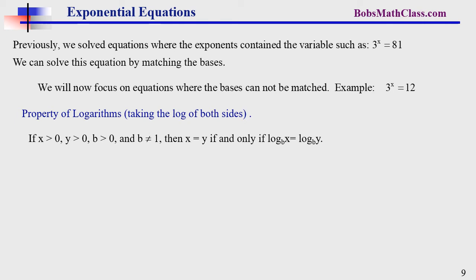So this is also called taking the log of both sides. You know how we've said whatever you do to one side, you have to do to the other? Well, that's what we're saying here. If we put log in front of one side, we've got to put log in front of the other.